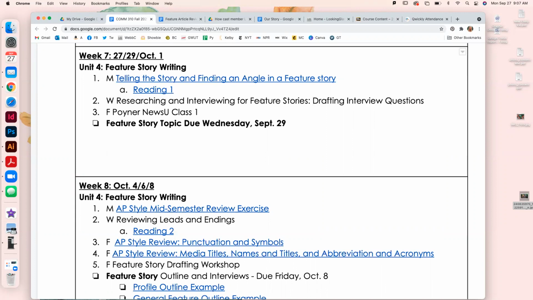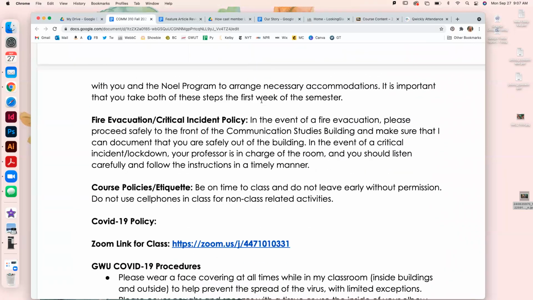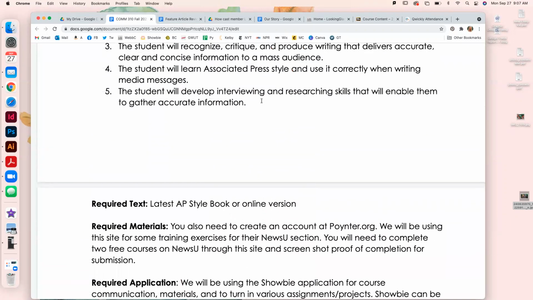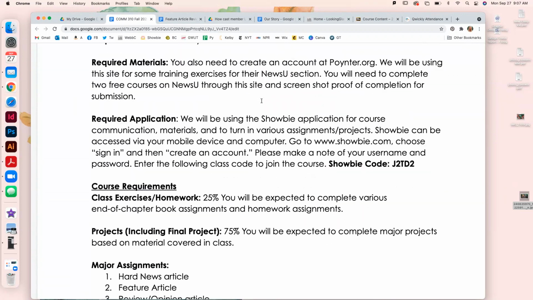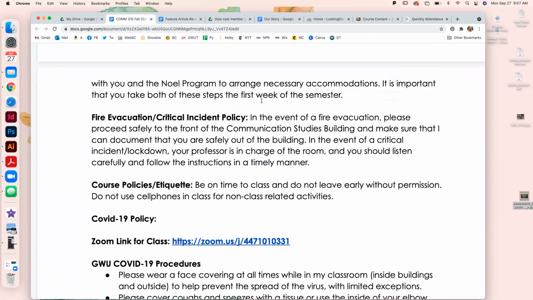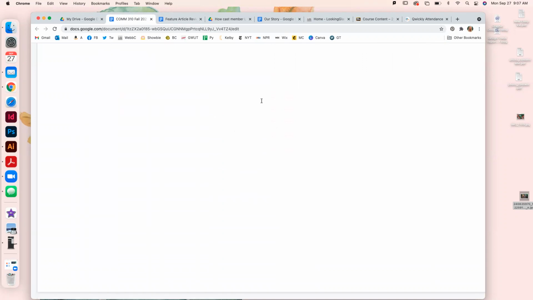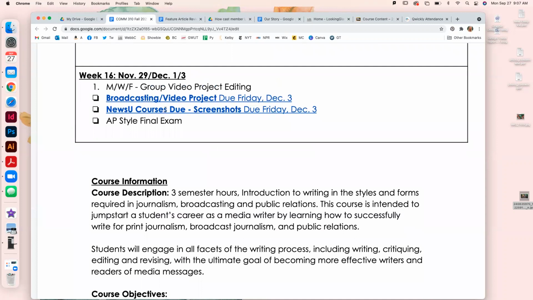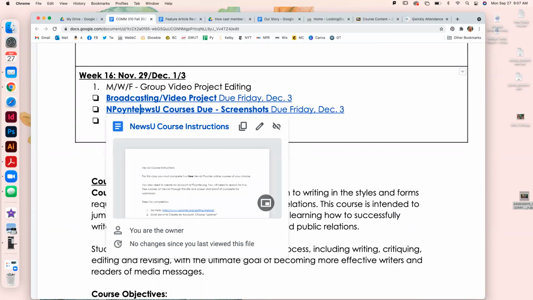And then Friday, if you remember in the syllabus down below, I'll scroll down here. Anyway, down below, you are going to have to do two courses from something called News U, and it's really Poynter's News U. They renamed it recently.